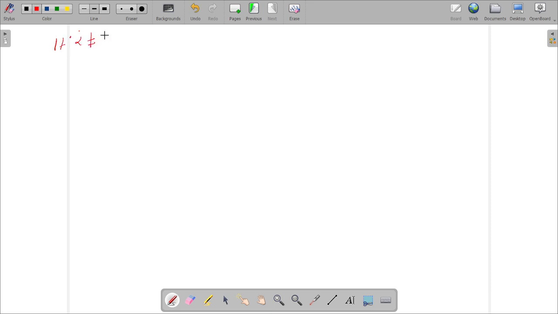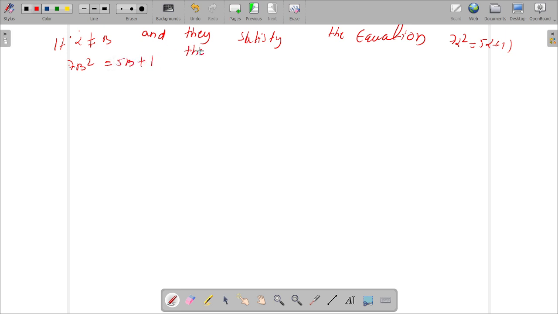If alpha is not equal to beta and they satisfy the equation 7 alpha square equals 5 alpha plus 1, and 7 beta square equals 5 beta plus 1, then find alpha plus beta, next the second one alpha square plus beta square, and the third one alpha cube plus beta cube.